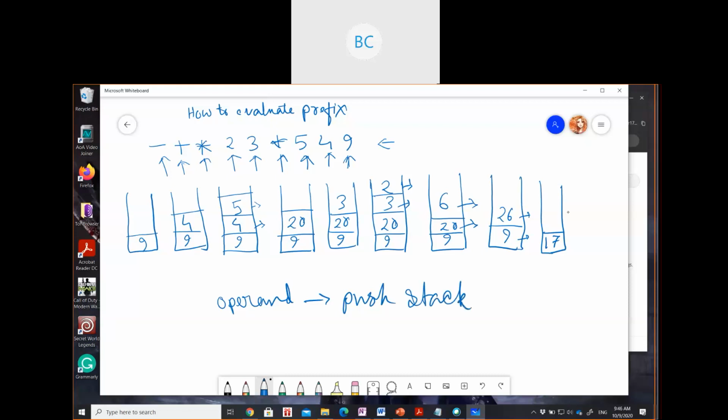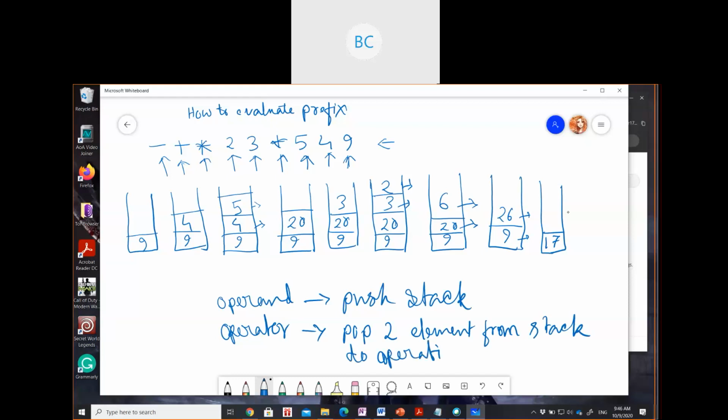The moment we saw an operator, you will pop two elements from the stack, do the operation, then push back the result. So this is your simple.